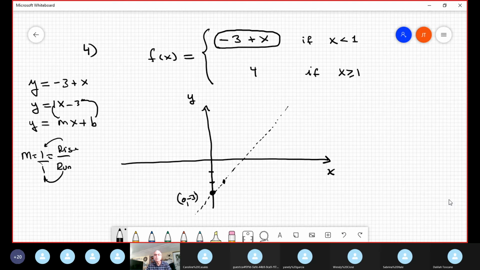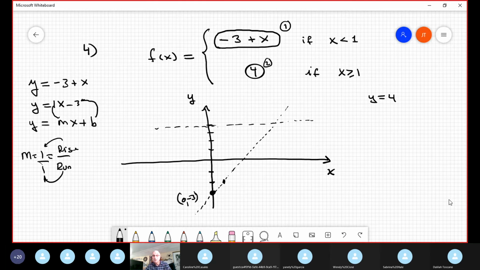Okay, let's move on to the second expression, and the second expression is y equals 4. And y equals 4 represents the horizontal line. 1, 2, 3, 4. Again, a dotted line because this is not the final answer. So the thinking we are doing so far is to graph the first part and the second part, but the final answer is the combination, like a piecewise function.